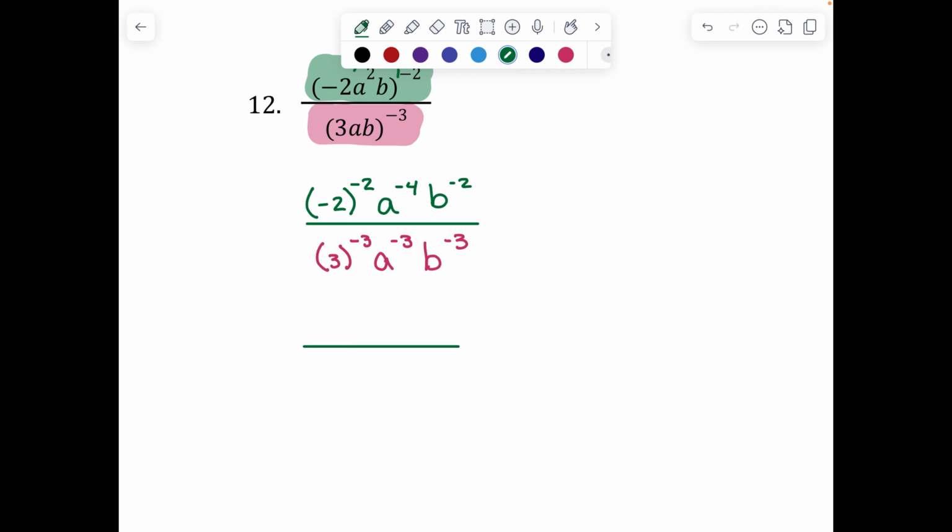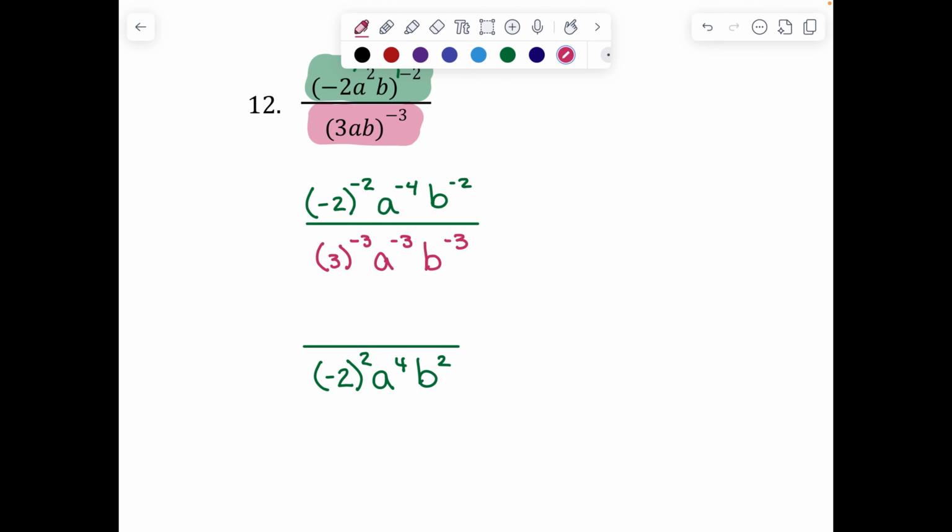So negative 2 to the negative 2. Your negative 2 stays the same, that coefficient, but our exponent now changes to a positive 2. A to the negative fourth becomes a to the fourth in the denominator. B to the negative second becomes b squared in the denominator. So all of those exponents become positive.